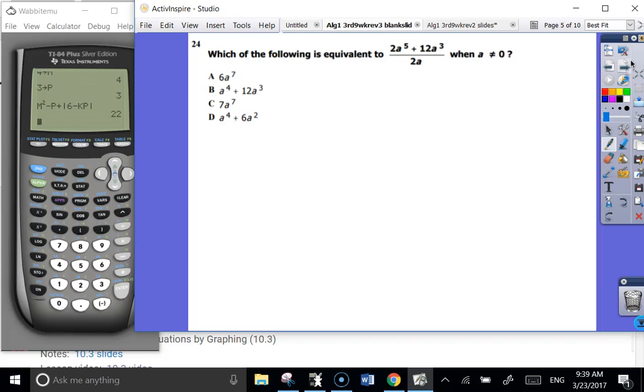But we can use this store a value process to actually help, because what this is saying is that that expression is the same as one of these expressions for all values of A. So if it's true for all values of A, it's got to be true for one value of A. So why don't we just give A a value, like we did on the last 2 problems, turn that into a decimal, and then see which one of those has got the same decimal value.